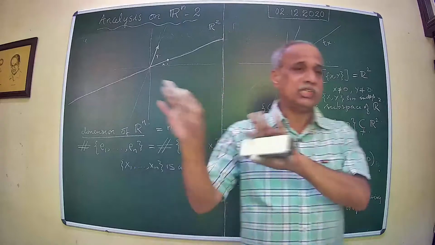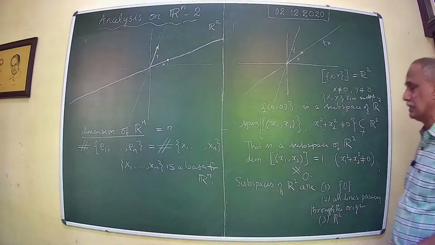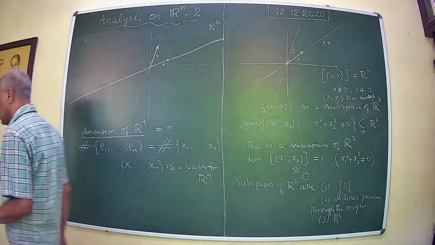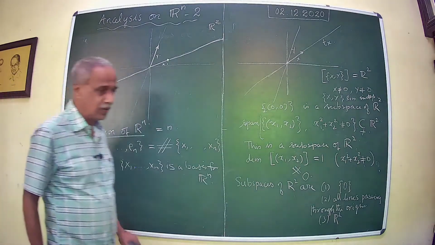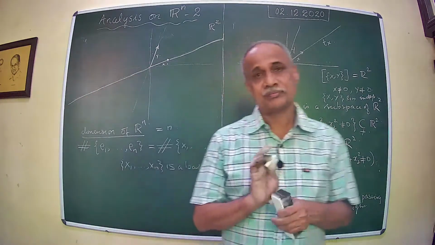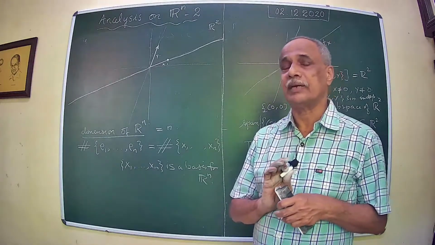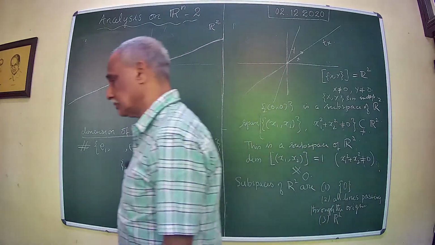Now, pushing this idea forward, you see that Rn has n plus 1 different types of subspaces. What are the subspaces? It is the subspace generated by the zero vector, which is a zero-dimensional vector space.